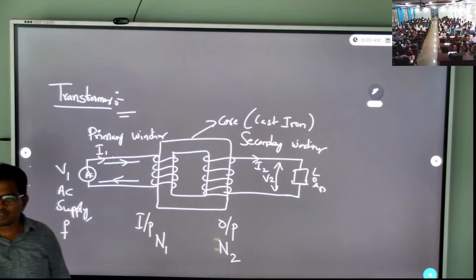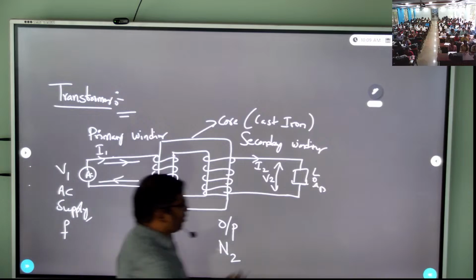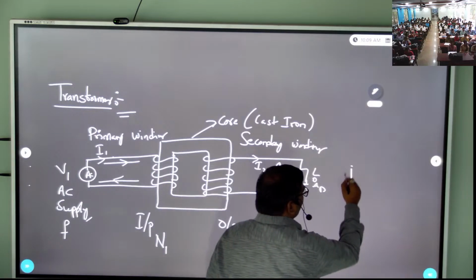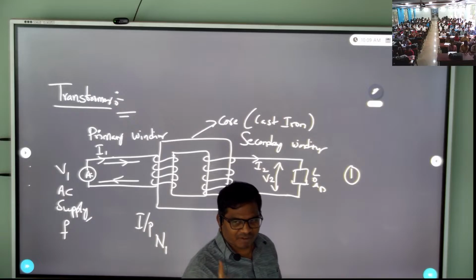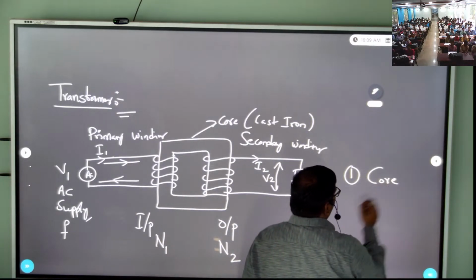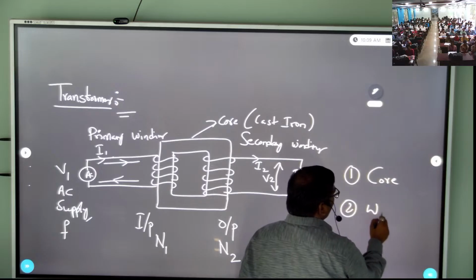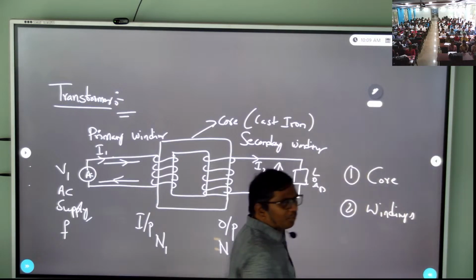How many windings are there? Two windings are there. The winding is made up of copper. Simply, you can say a transformer consists of two parts: one is called the core, the second one is called the winding.